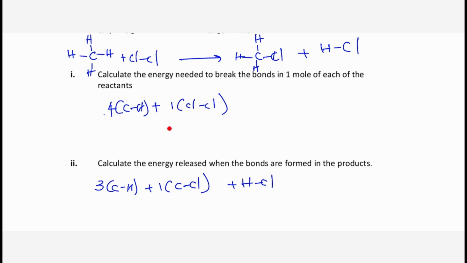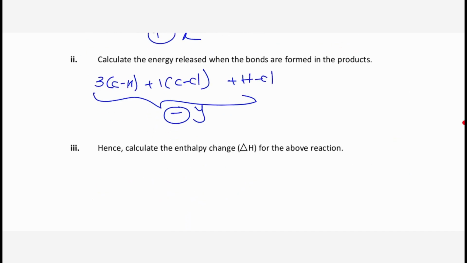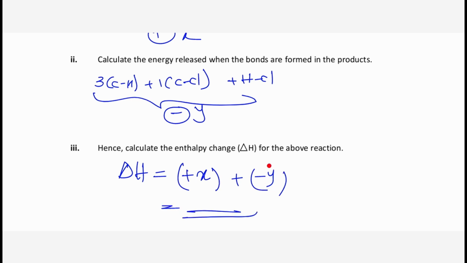All these values will be positive. All these values will be negative. Say this is X and that is Y. To find the enthalpy change, you add the X and the Y values, right? If the negative value is more than the positive, the reaction becomes exothermic. If the positive value is more than the negative, the reaction becomes endothermic, right?